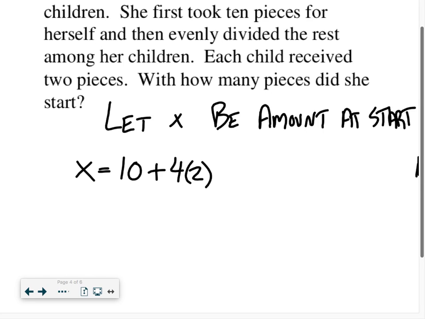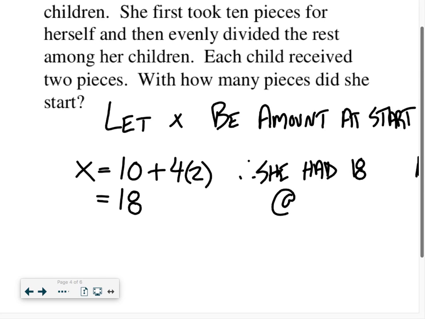Each child received 2 pieces, and she had 10 herself. So we get 10 plus 8, she had 18 pieces. Therefore, she had 18 at the start.